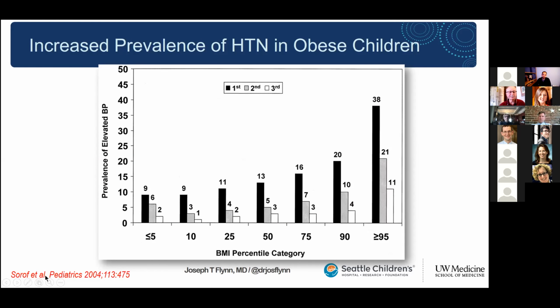And then even studies that were being done in school districts. This is a paper from John Soroff, who did school screening studies in the Houston suburbs, and showed that children whose BMI was higher had more frequent prevalence of hypertension. And these are the children that were added to the database.